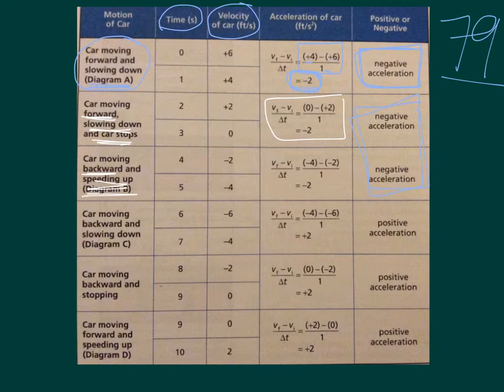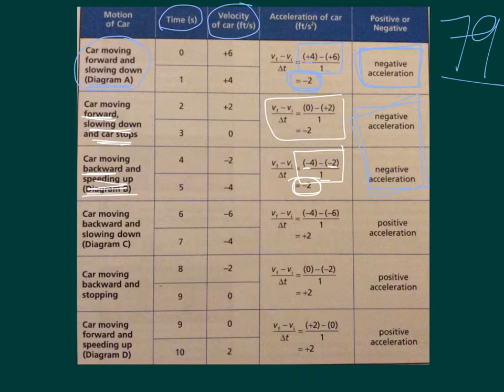That's in diagram letter B. So now we have a situation where we have a -4 as our final velocity. Our starting velocity was -2, and our time measurement was 1 second. -4 minus a -2 gives you a -2.